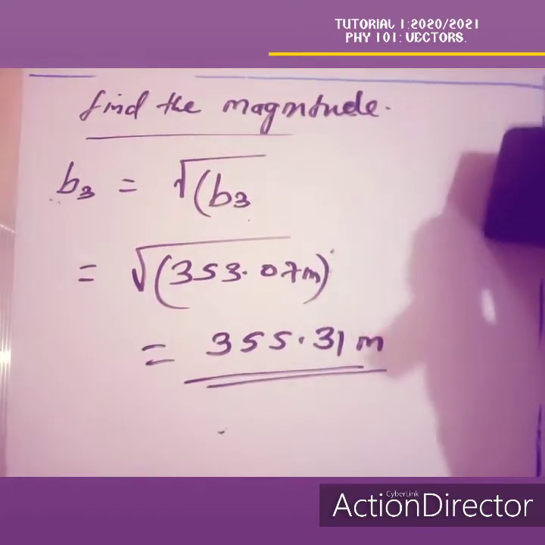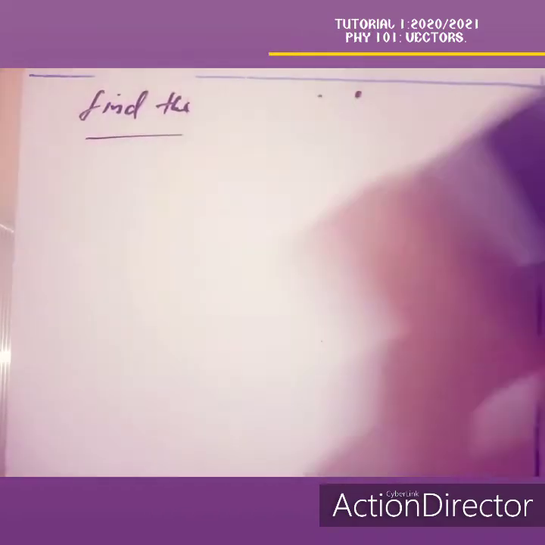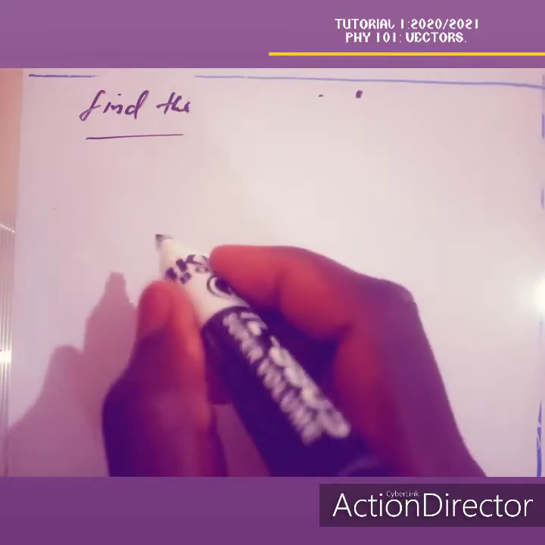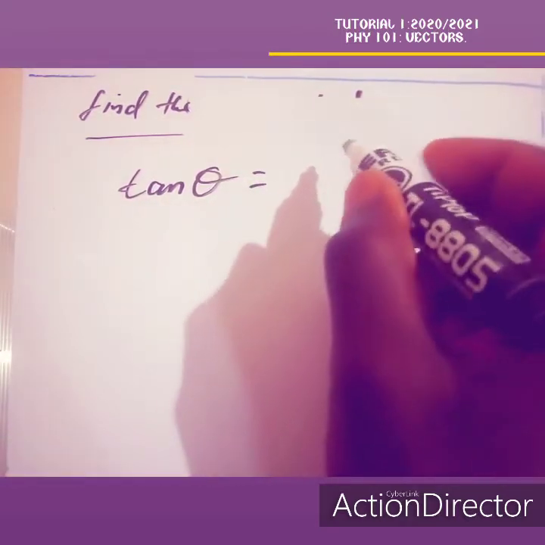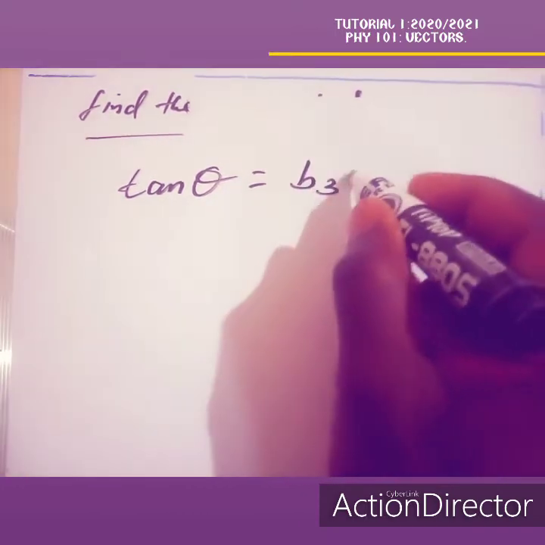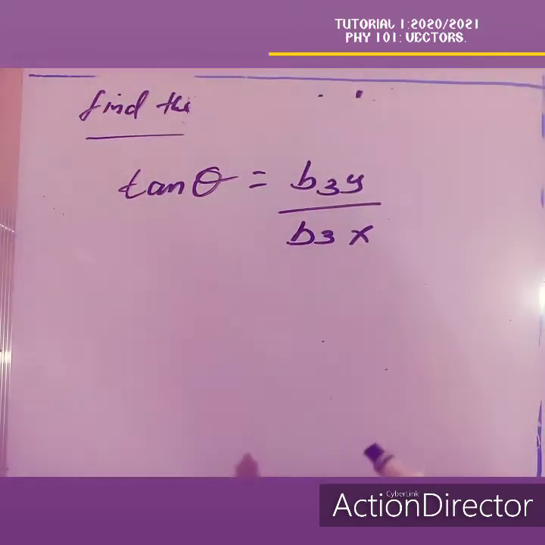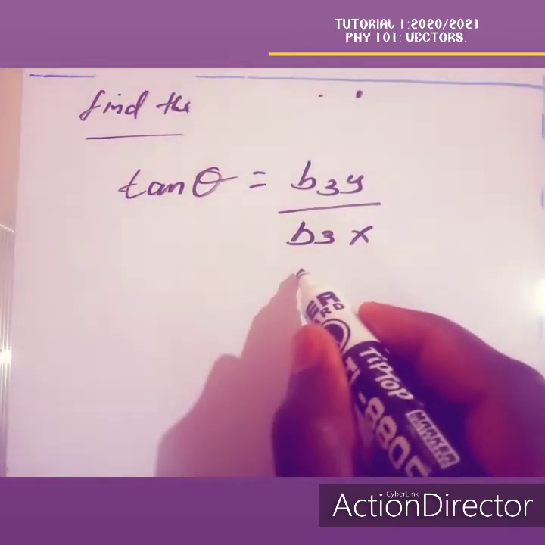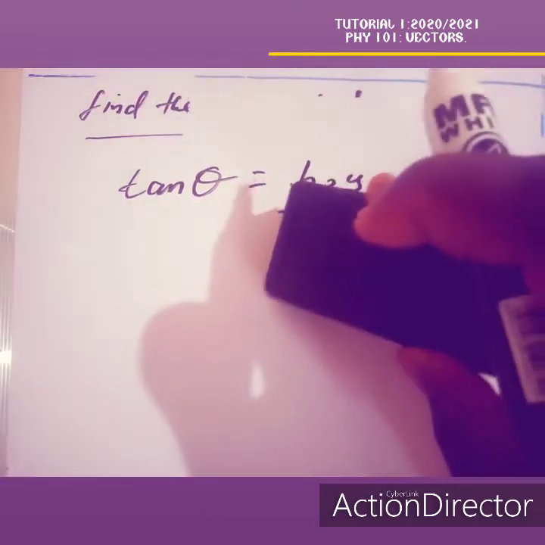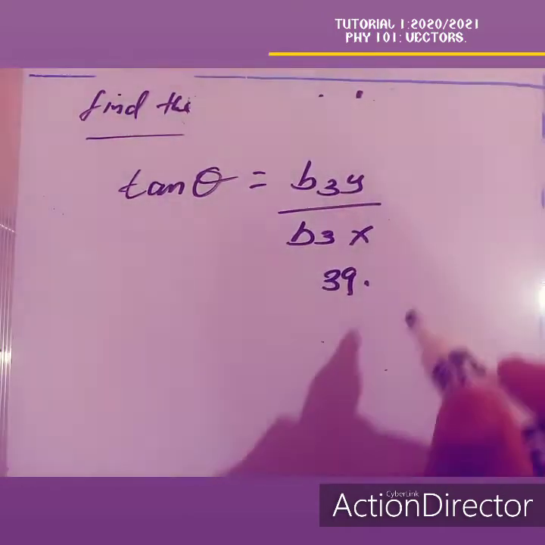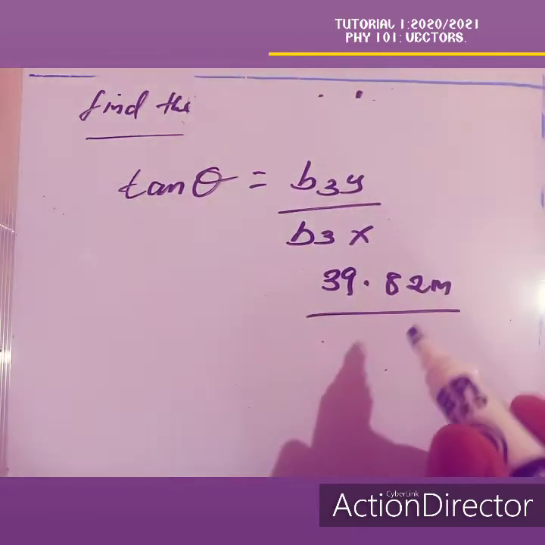Now, the other thing we're supposed to do is to find the angle of B3. To find the angle, we say tan theta is equal to B3y divided by B3x. Remember, our B3y was minus 39.82 meters, but in this case we'll not take the minus with us.